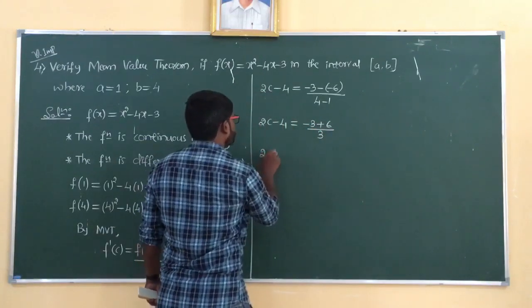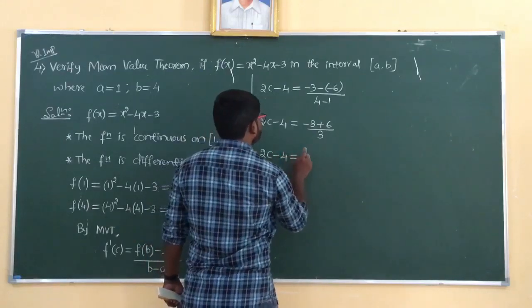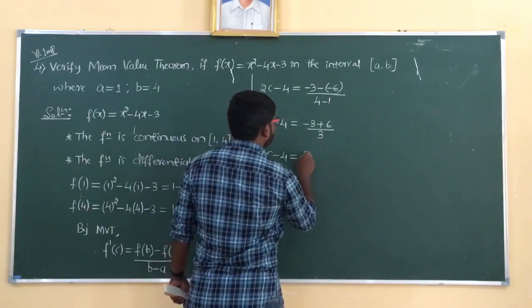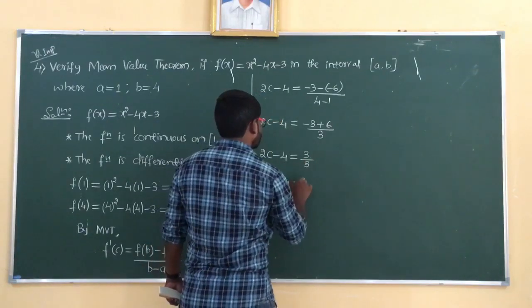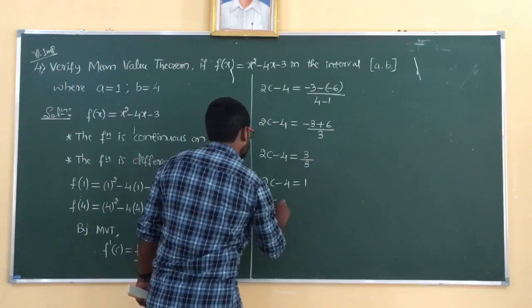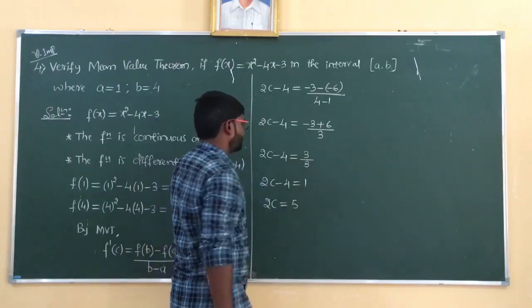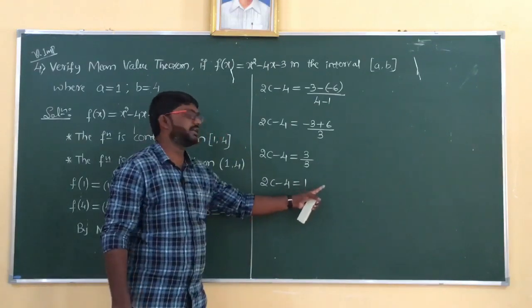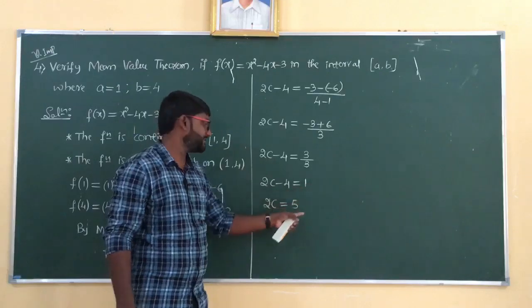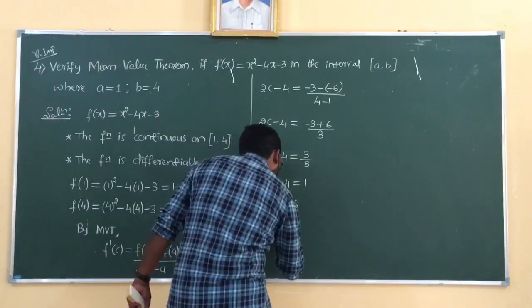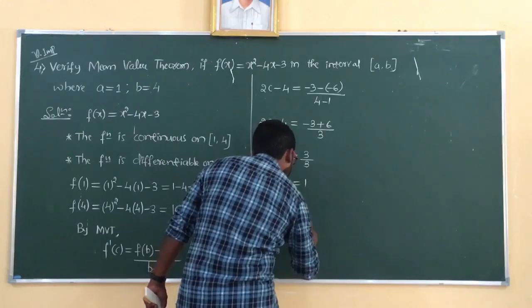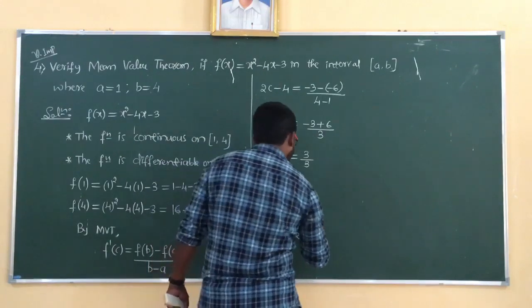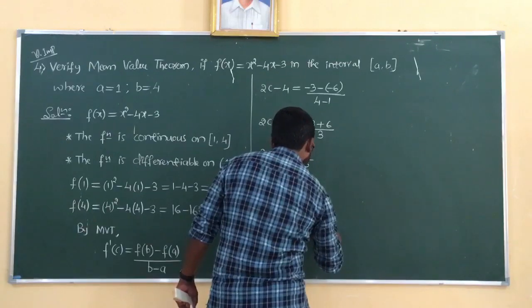So 2c minus 4 is equal to 6 minus 3, it is 3 divided by 3. 2c minus 4 is equal to 1. Now I take minus 4 to the RHS, it becomes plus 4, 1 plus 4 is 5. So 2c is equal to 5, c is equal to 5 by 2, belongs to open interval 1 comma 4.